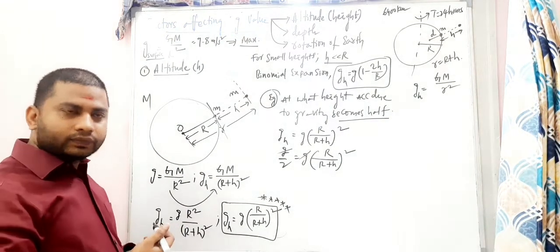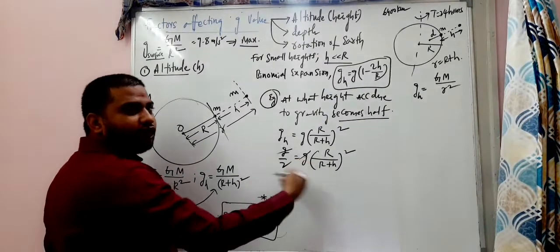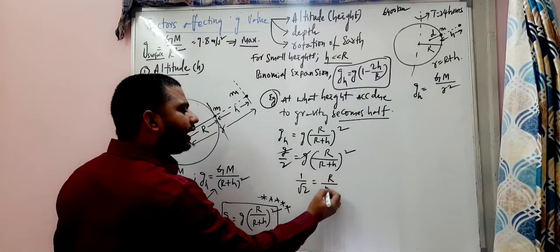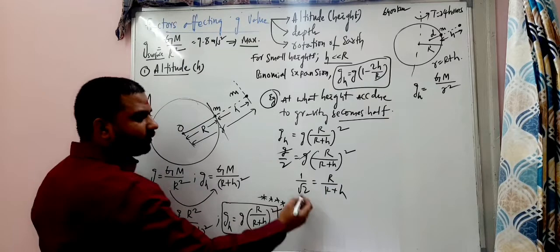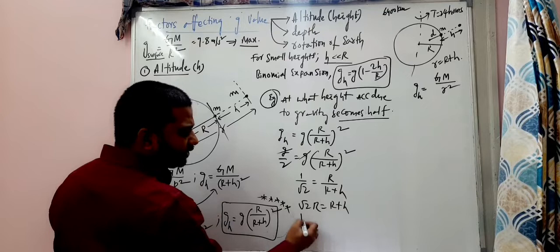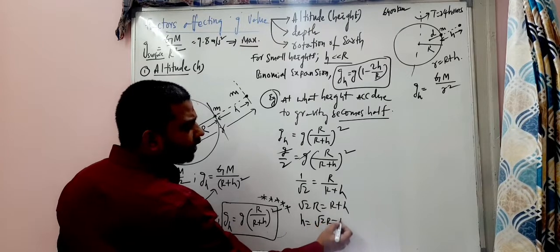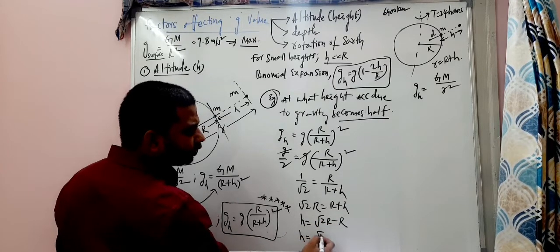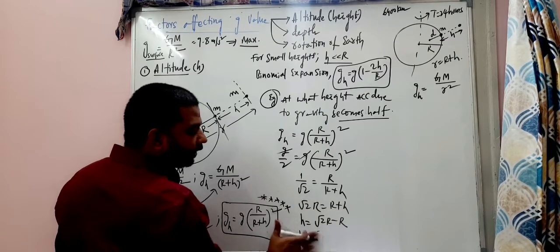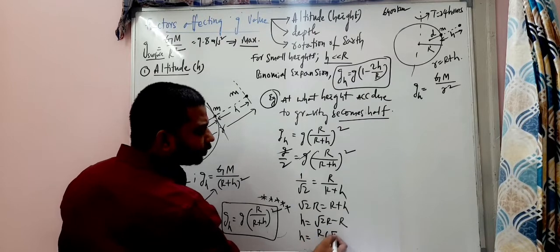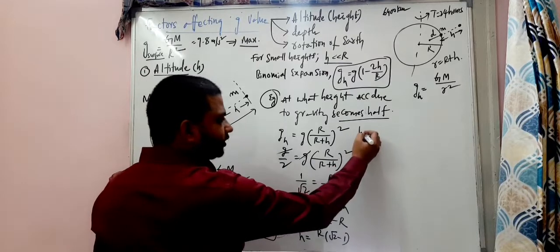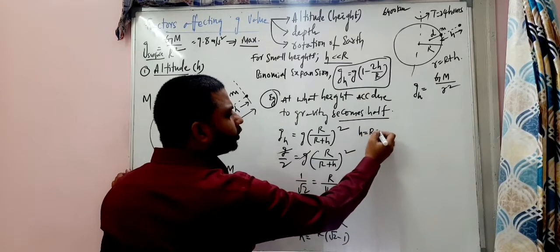Now, applying square root on both sides, it's 1 by root 2 and it is r by r plus h. Cross multiplying, root 2r is equal to r plus h, and h is equal to root 2r minus r. Taking r common, h is equal to r into root 2 minus 1.